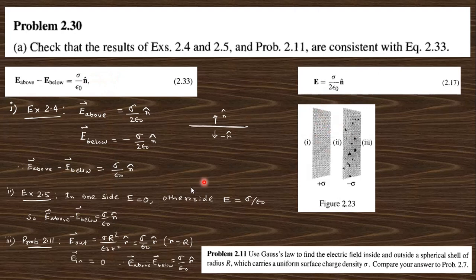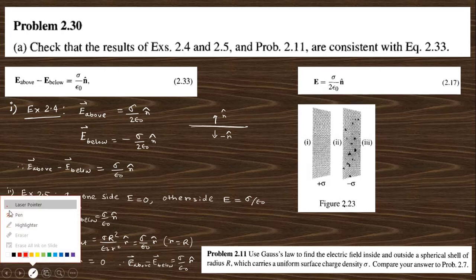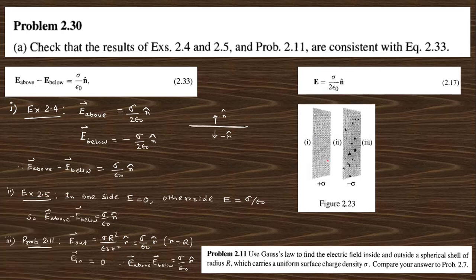Next, Example 2.5. On one side the electric field will be 0 and on the other side it will be sigma by epsilon naught. For the positive sheet the field is outside, and for the negative sheet the field is inside.